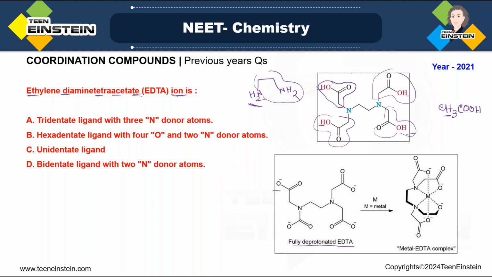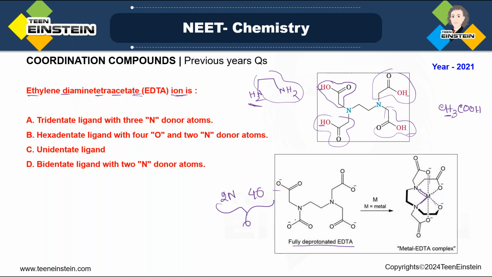The metal, as you can see, bonds from 6 sites, but among these 6, 2 are from nitrogen and 4 are from oxygen. It is an octahedral complex, with 4 donating sites from oxygen and 2 donating sites from nitrogen, and it is hexadentate. Okay, 2 N, 4 oxygen, hexadentate, coordination number.